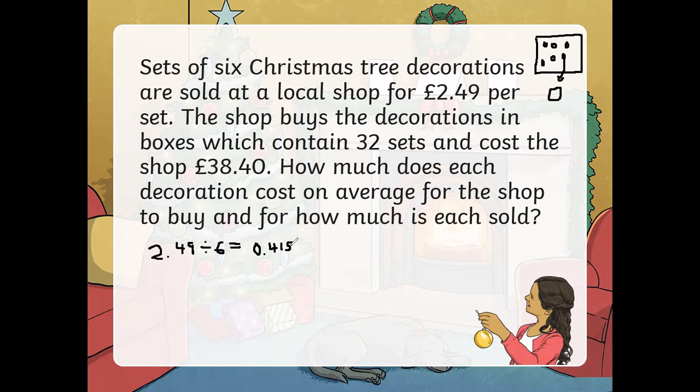But remember we're working with money, and money always needs 2 decimal places at the most. Obviously, if it's like £10, then you won't have any decimal places. But you're not allowed to have 3 decimal places. So we're going to round this up to 0.45 pounds, which is also equal to 45p. Okay, that's how much the shop sells it to the customer for.